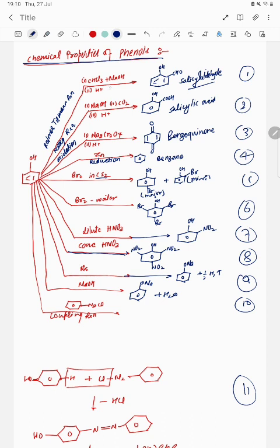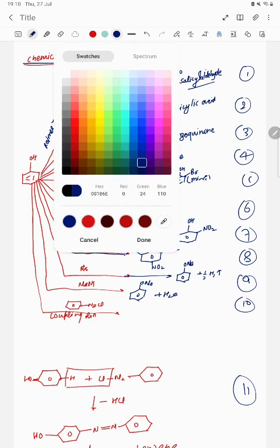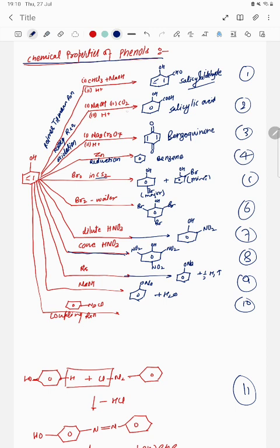Firstly, phenol treated with chloroform and sodium hydroxide gives salicylaldehyde, known as the Reimer-Tiemann reaction. Secondly, with NaOH and carbon dioxide, it gives salicylic acid, the Kolbe reaction. On oxidation with sodium dichromate, it gives benzoquinone. On reduction with zinc metal, it gives benzene.